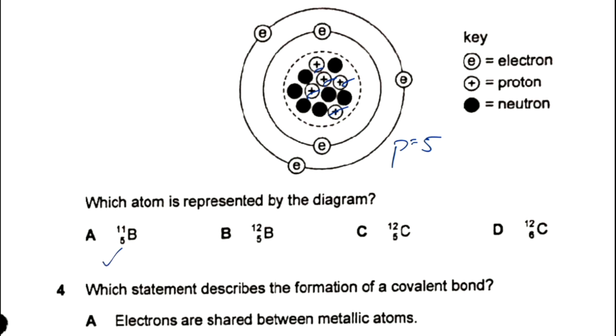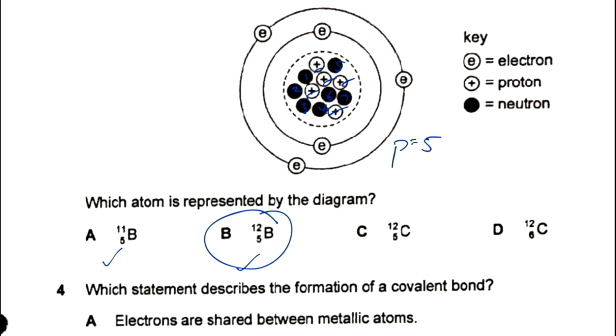Now there are two boron, either this one or this one. So is it 11 or 12? You must count the number of neutrons. 1, 2, 3, 4, 5, 6, 7. So it must be this one, because 5 plus 7 equals 12.